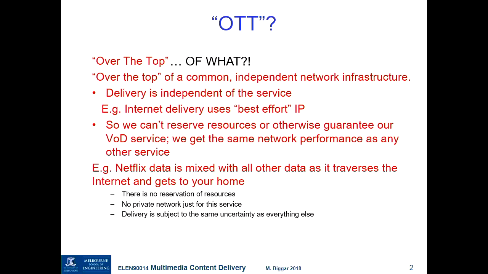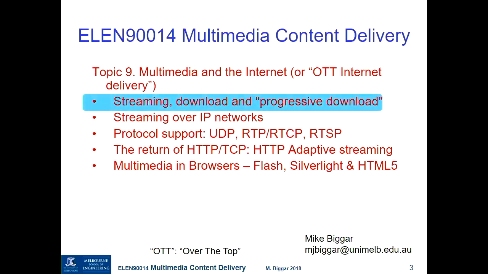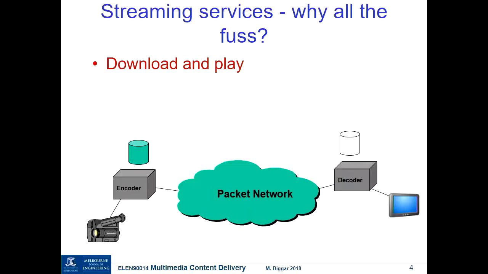All right, so it's a common term in telecommunications, over the top. So let's work through the contents list here and start by talking about streaming itself and understand exactly why streaming is an issue. So why make a fuss about streaming?